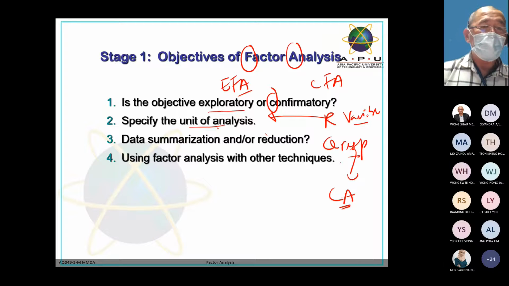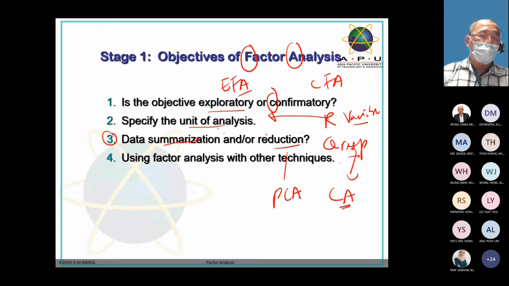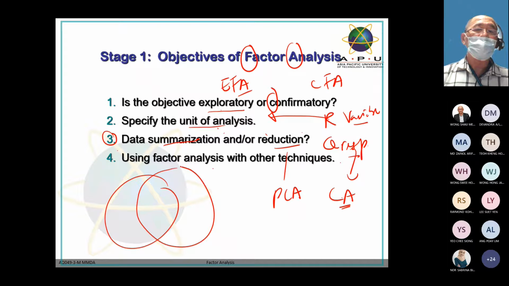So we want to do data summarization or data reduction. Factor analysis is more about summarization, and data reduction will be PCA. But when we discuss factor analysis, it's not easy to run away from PCA because these two are very similar, only a bit different.